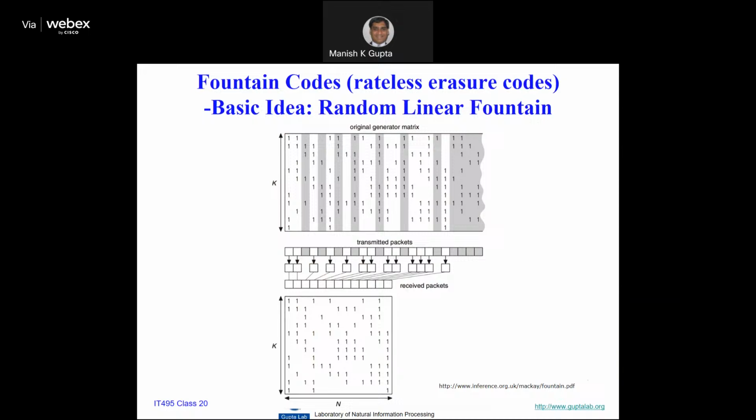In the last case, when N is greater than K, we try to figure out from this random matrix how to find a K by K matrix. So what is the probability of finding a K by K matrix which is invertible, so that you can do the decoding?